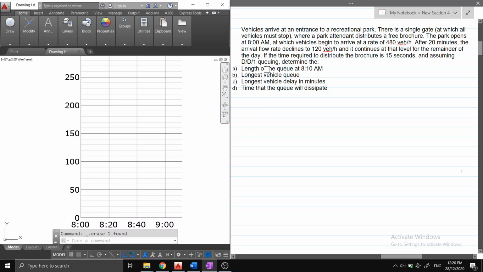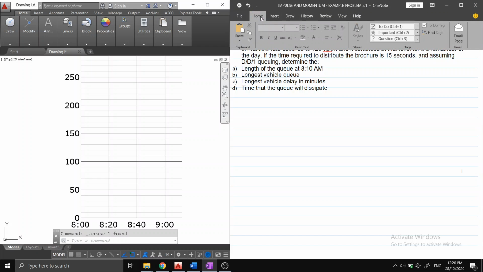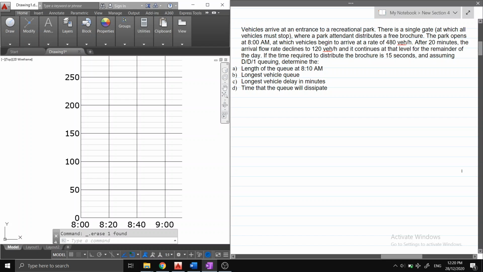So, the first letter stands for the type of arrival rate. M stands for Markovian or exponential arrival rate, and D stands for the deterministic arrival rate.